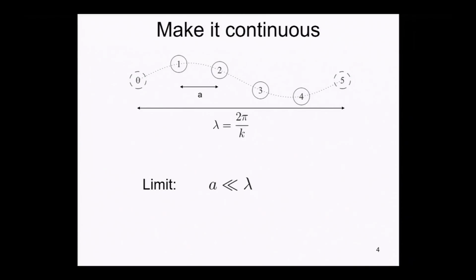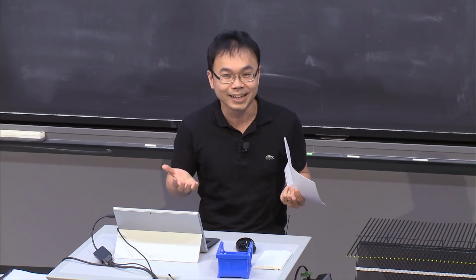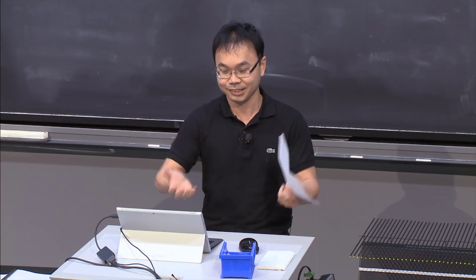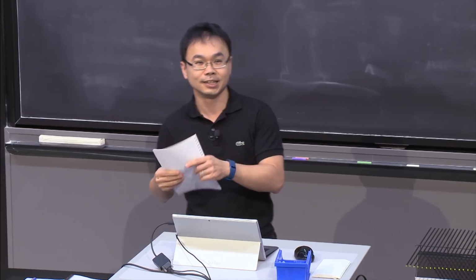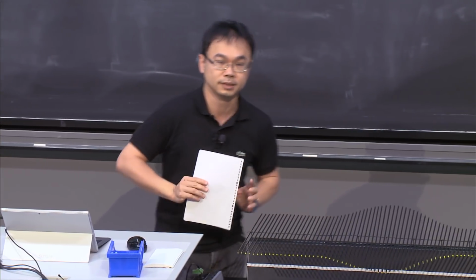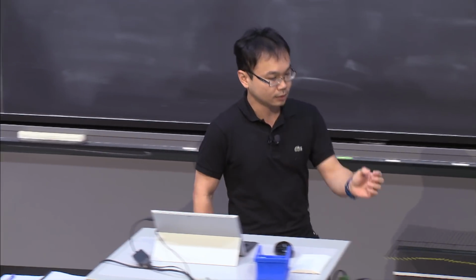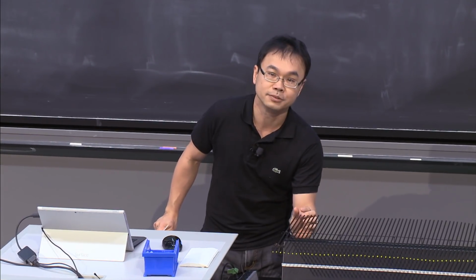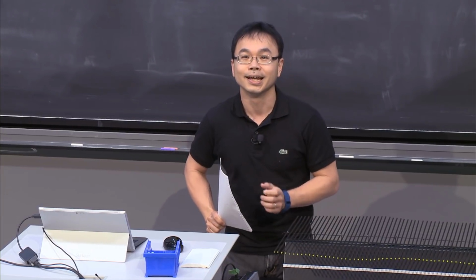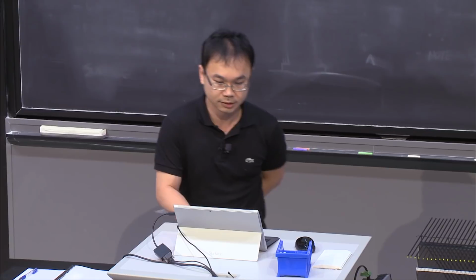To make it continuous, we take a limit such that A, the separation between objects, is so much smaller than the wavelength. Basically, the wavelength is the sinusoidal shape you see when I perturb a system. And what I'm assuming is that the distance between objects is so much smaller than the wavelength. So that's what I call the continuous limit.